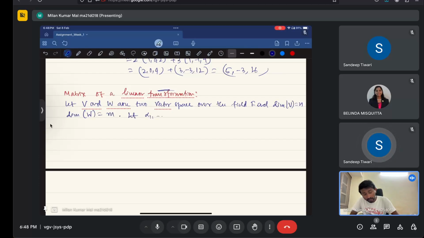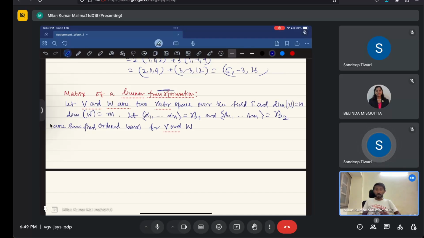Let alpha 1 all the way to alpha n, which I will denote by script B, and beta 1 all the way to beta m, script B prime, be ordered bases for V and W. So here we are considering some fixed ordered bases of V and W.